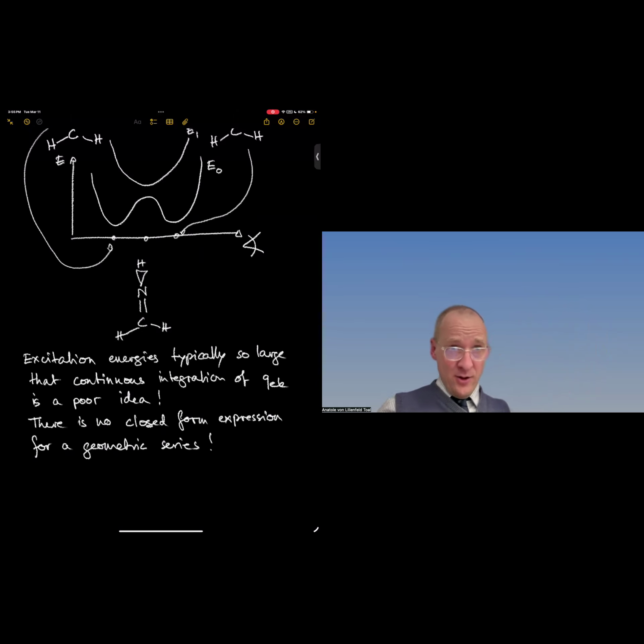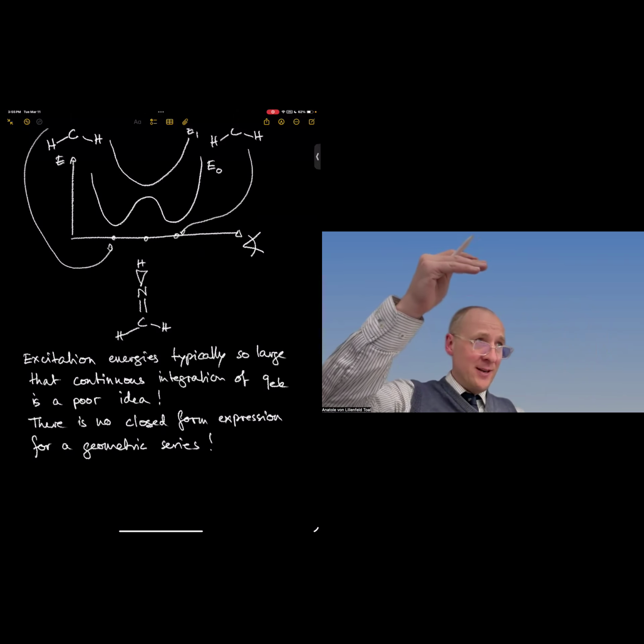So now you might be saddened and disappointed and believe that things are hopeless. But fortunately, we can simply truncate things after the ground state. The gap is so high, right?